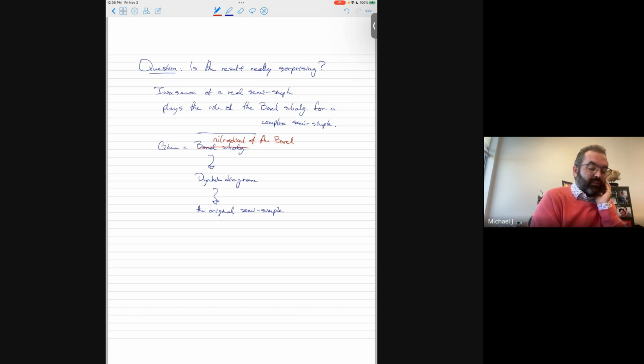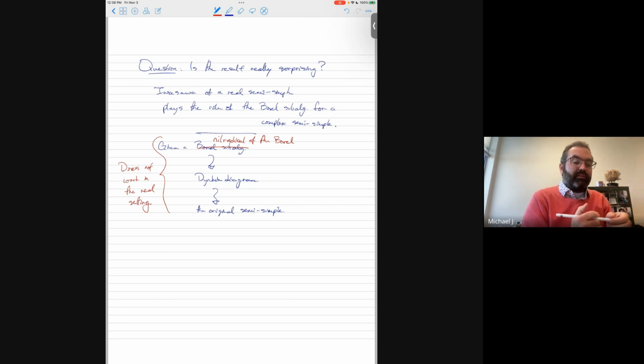So I should say this picture does not work in the real setting. And actually, this is the question that got Jon Epstein and me working on this project. For whatever reason, we were studying these nilpotent parts of real semi-simple algebras, and we wanted to know if that determined a real semi-simple, and the answer is it does not.